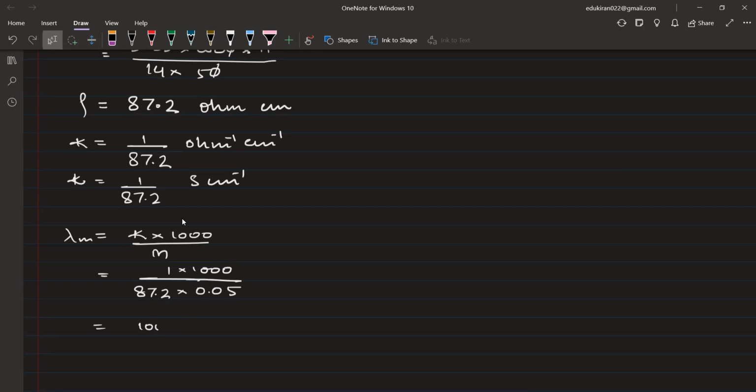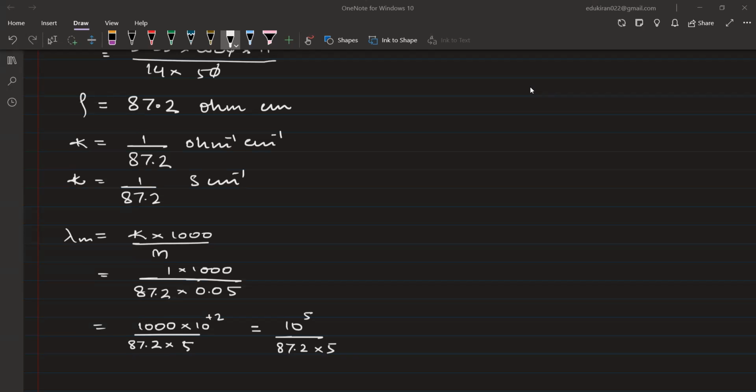This will be equal to 1000 upon 87.2 into, this is 5 into 10 to the power minus 2. This minus 2 will go up, it will become 10 to the power plus 2. We have this. So this is 10 to the power 3 plus 5 upon 87.2 into 5. And what is the unit we are going to get? We are going to get Siemens inverse, and here we have centimeter cube.